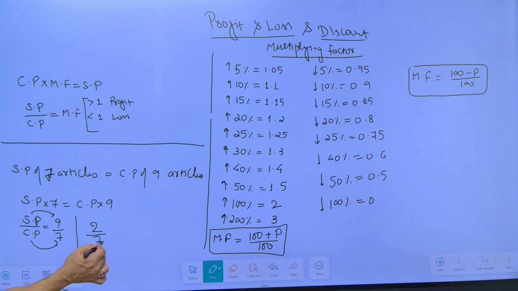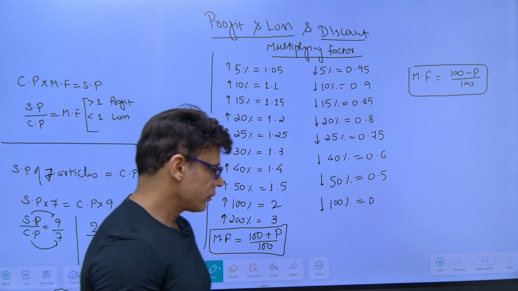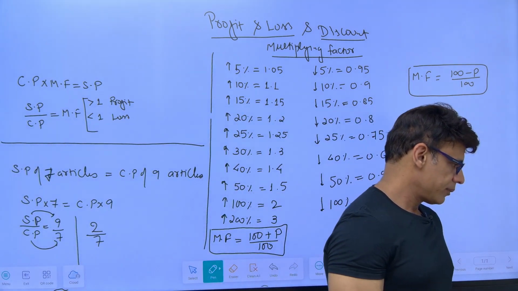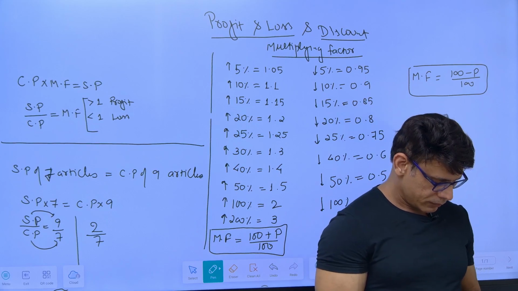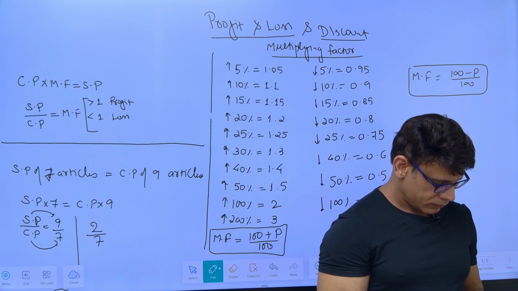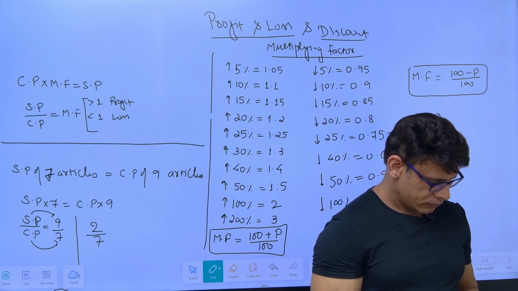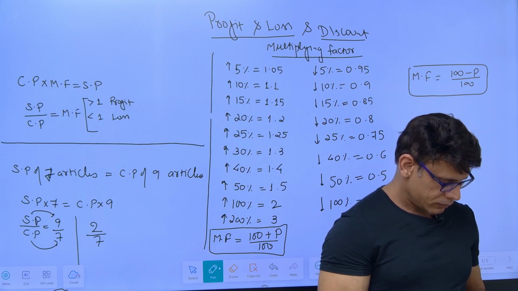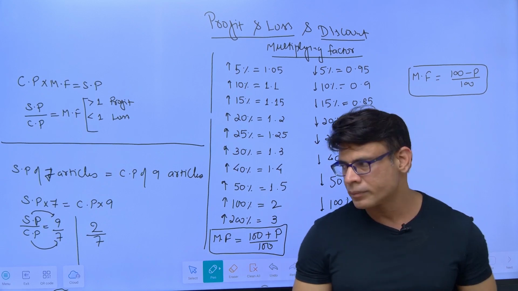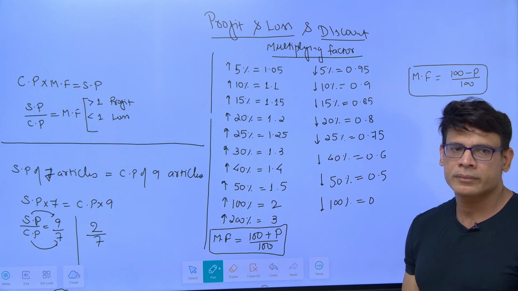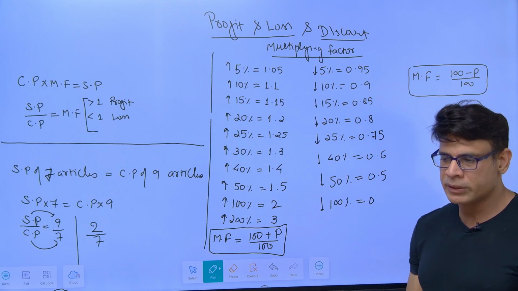I have to find out 2 by 7. What is 2 by 7 equal to? 28.56%.